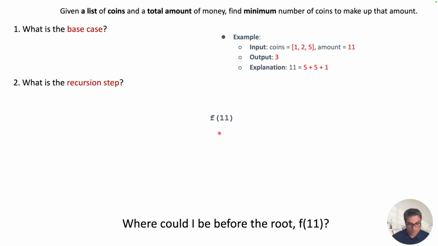In order to break this into subproblems, you can think of what would be the step before this. I was either at 10 and I added a coin with value of 1 to get to 11, or I was at 9 and I added a coin with value of 2 and I got to 11, or I was at 6 and I added a coin with value of 5 to get to 11. There is no other case. I have to be at one of these cases and add a coin either with value of 1, 2, or 5 to get to f of 11.